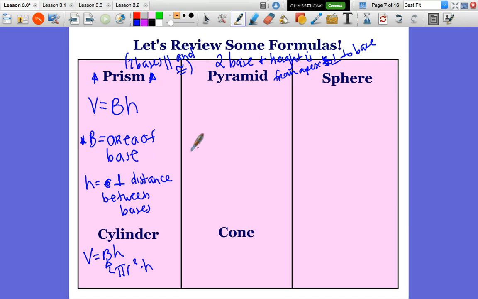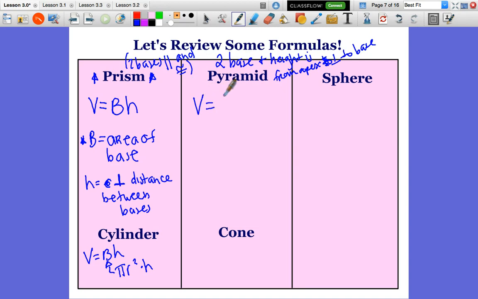You've learned about oblique and right: if it's right, the apex is directly above the center of the base, whereas if it's oblique, it leans, which we're going to come back to in a later video. For a pyramid, if I have a pyramid and a prism with the same base and the same height, 3 of the pyramids will fit into that prism.